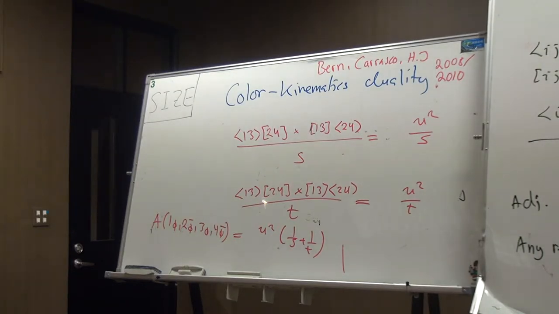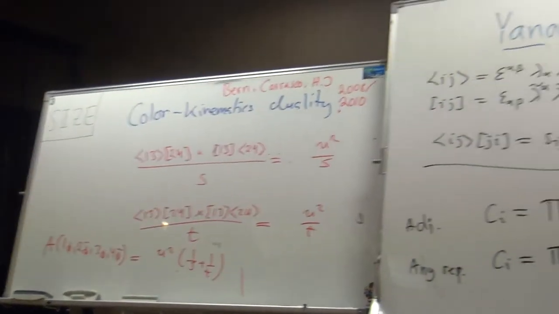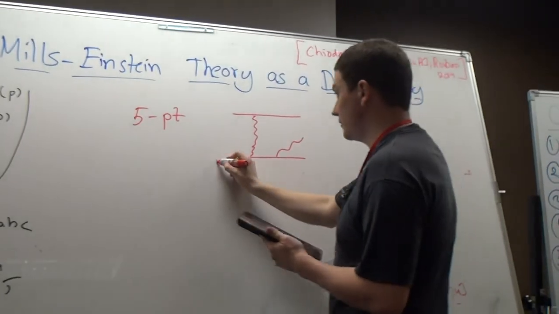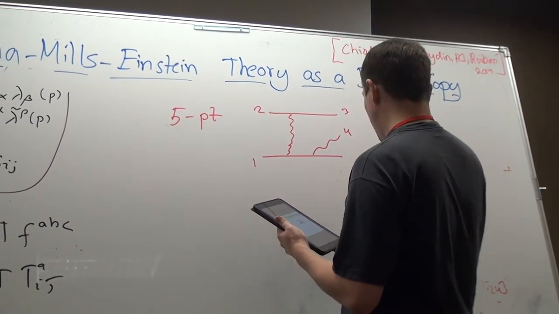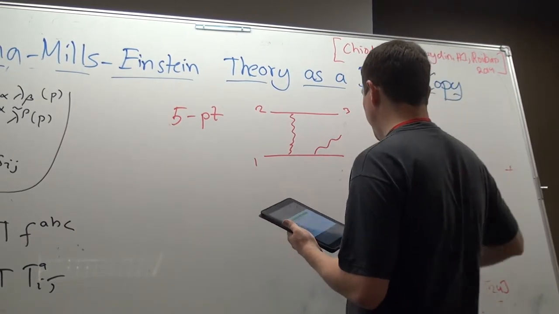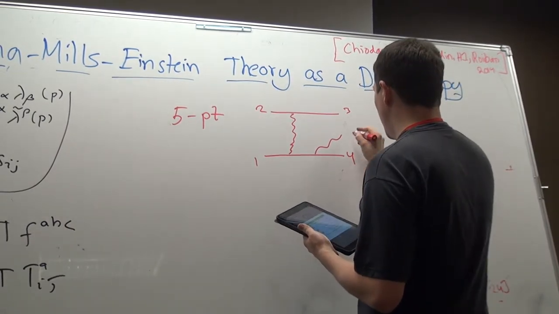So 5 point. And let's consider the case that we have 4 fundamental particles, and then we have 1 gluon. We have some diagram like this. 1, 2, 3, 4. Well, do it the other way around. 4, 5.